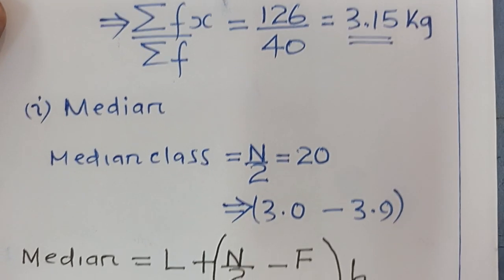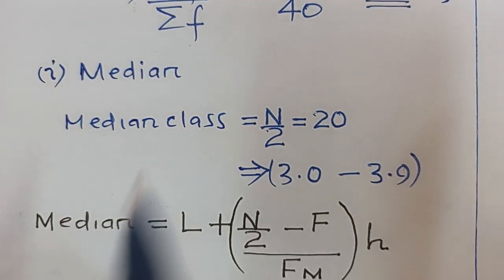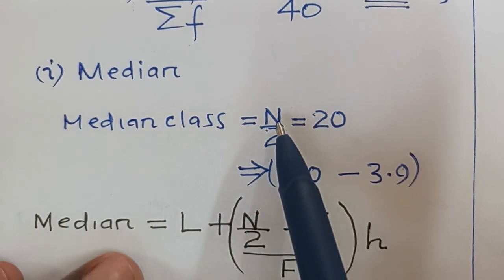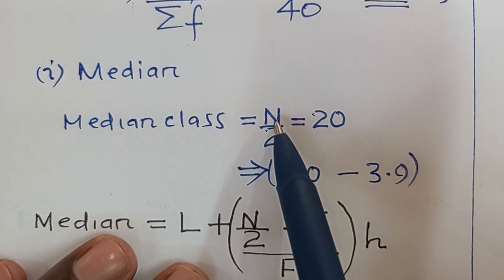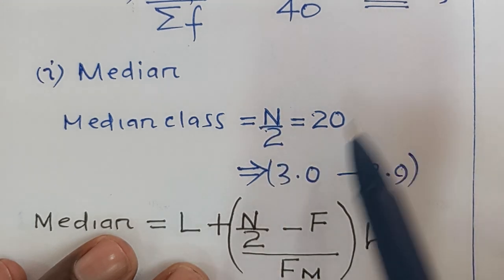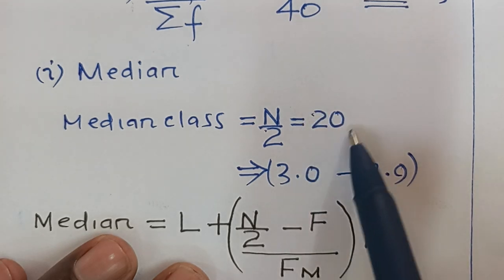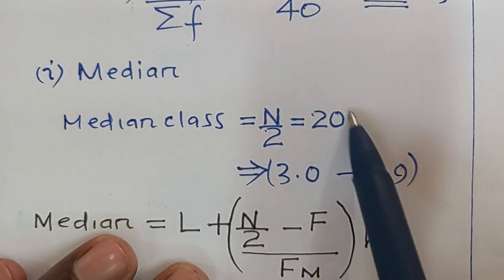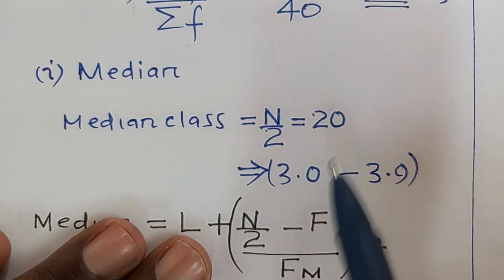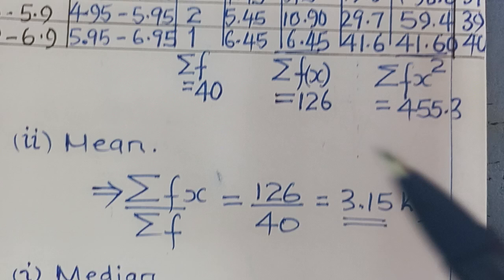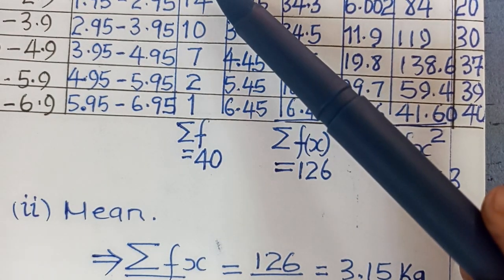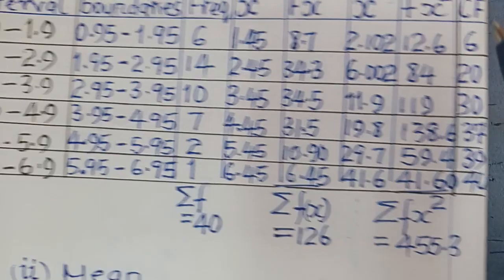Guys, now going to the median. This is how we approach the median. We first of all find the median class. Having 40 as the total frequency, or the number of items, we divide 40 by 2, and this gives us our middle class, which is at 20. So we look at the cumulative frequency just above 20, and the cumulative frequency is right here.